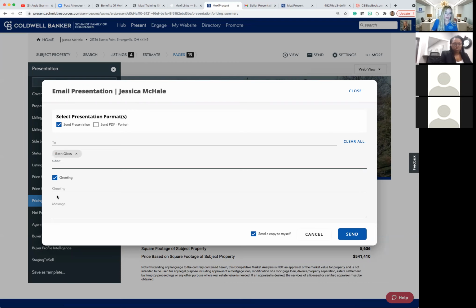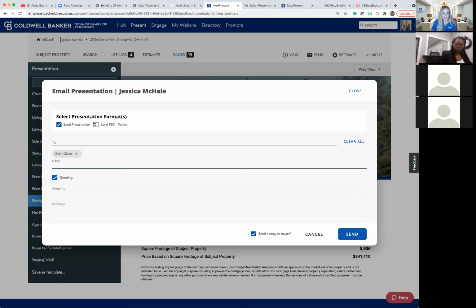You can have your own message, and then at the bottom, you can have it selected to send a copy to yourself. So you're going to get the same email, have the same presentation. But at the top, this was where we add in the PDF. If I choose to send presentation here on the top left, it's going to be the digital.